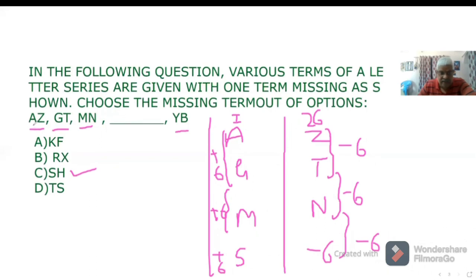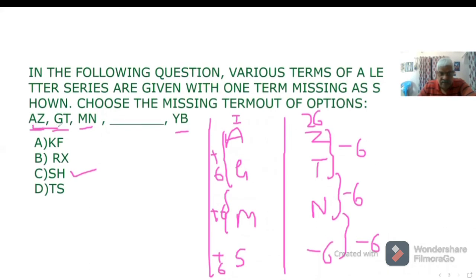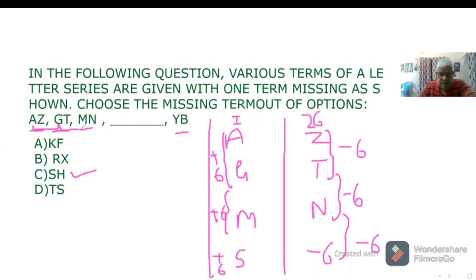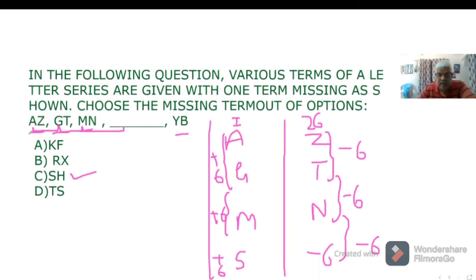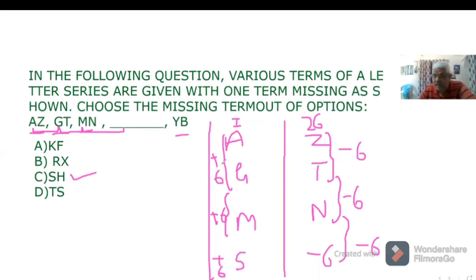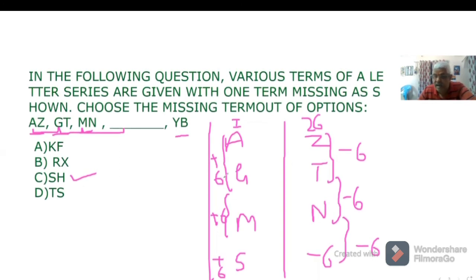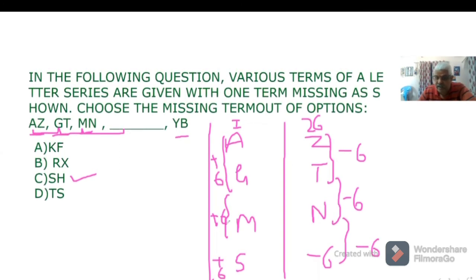So first observe the first letters: A to G, G to M, and M to the next. Here A to G, what is our identification? 6 is added. G to M, 6 is added.